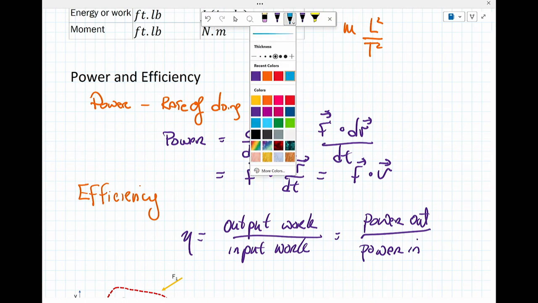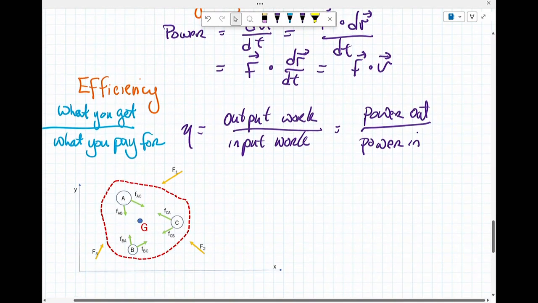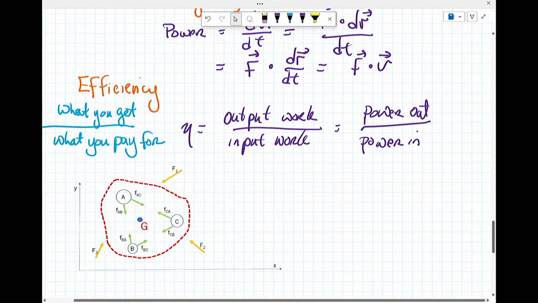It's a useful secondary thing: what you get over what you pay for. It's an eta, a n with a curly bit on the end.